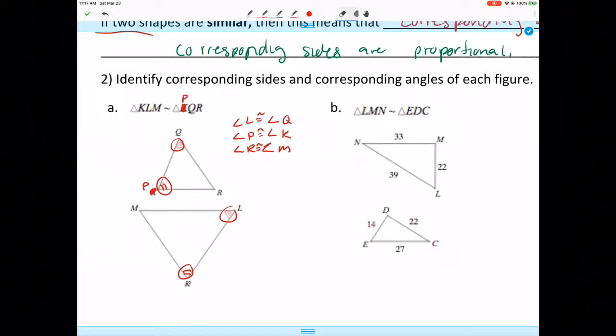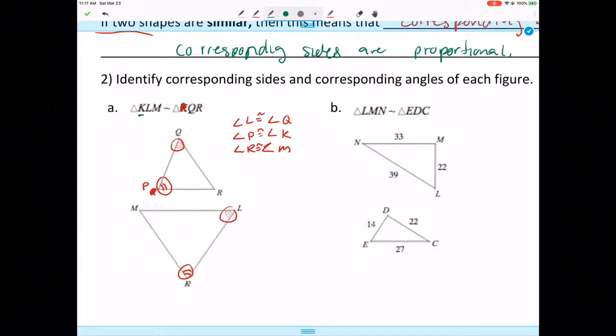All right, they also give us something here. This is called a similarity statement, okay? And it already tells us which angles correspond, okay? So this one, I fixed this one. Let me change that to be red. P, said this is P. So let's look at corresponding angles.